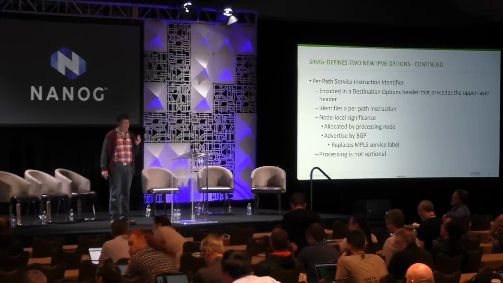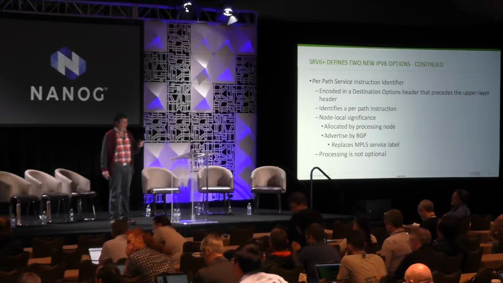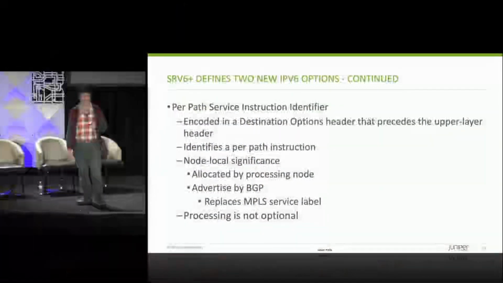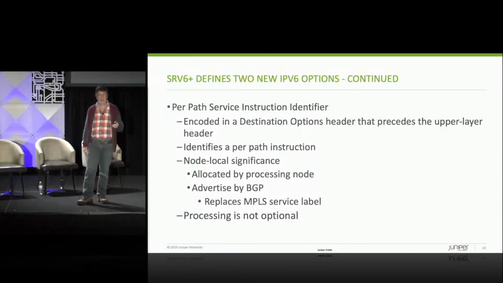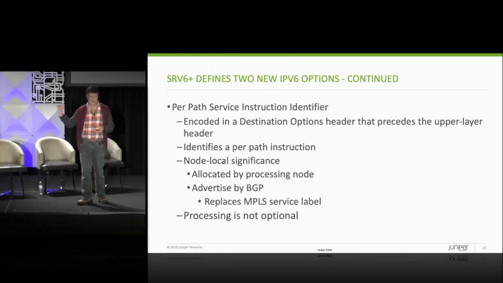SRv6 Plus defines another option called the per path service instruction identifier. This is encoded in the destination option header that precedes the upper layer header. It's processed by the path egress node. So the distinction between the two is that the first one is processed at every segment endpoint. This one is processed only at the path egress.